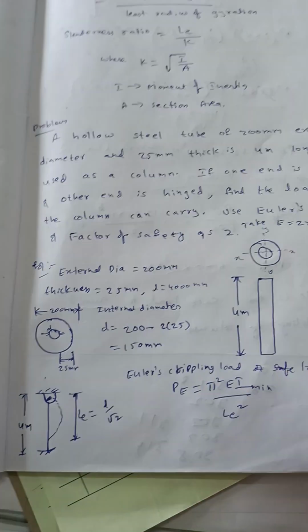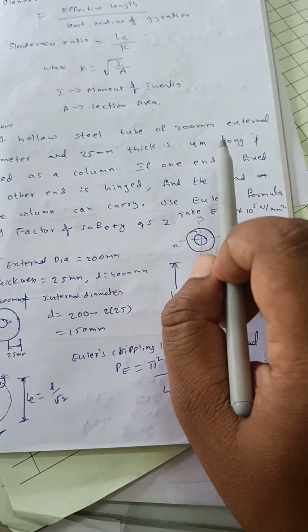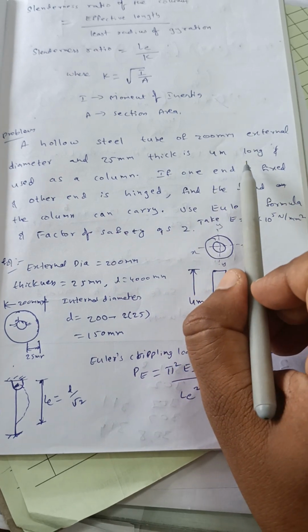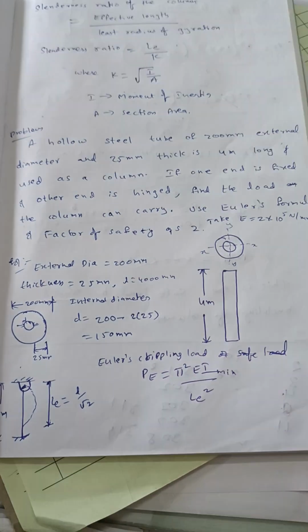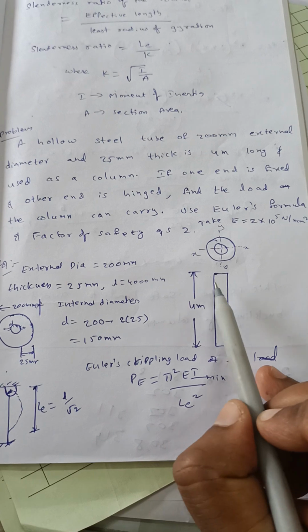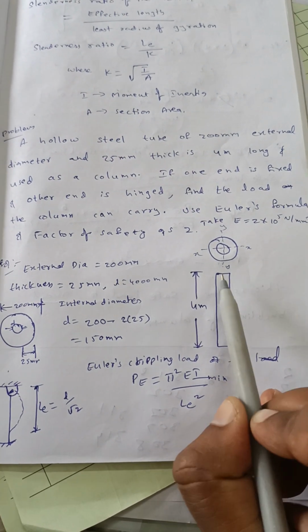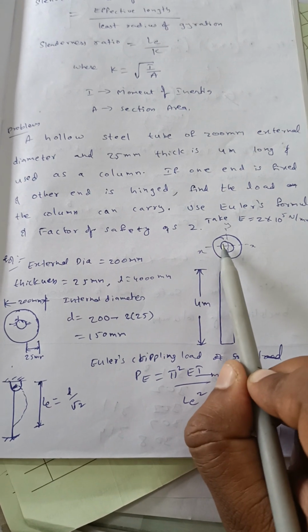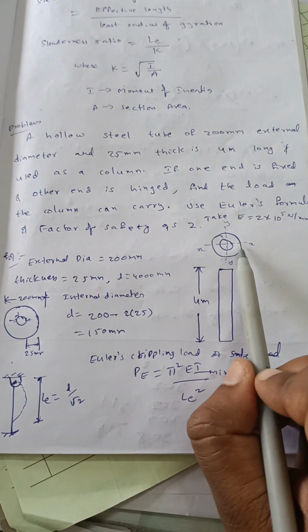Now let us solve a problem. A hollow steel tube of 200 mm external diameter and 25 mm thick is 4 meter long. This is a column and the section is circular, hollow steel. That means it has an internal diameter and an external diameter.